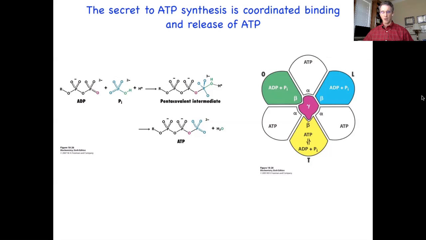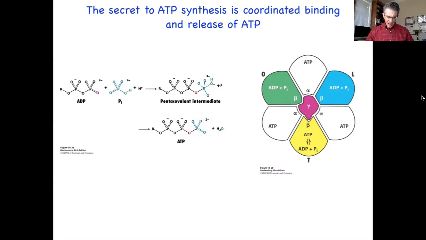And the idea here is that the T state does two things. One, it binds tightly that pentacovalent transition state, dropping the free energy barrier to access that state. But it does something different compared to what you would normally think of. It binds ATP really tightly too.